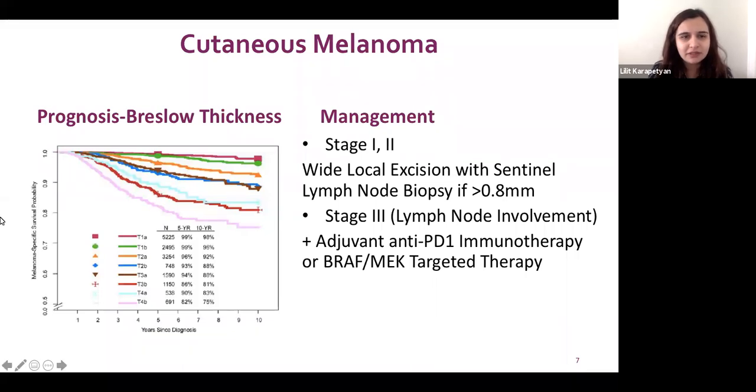If you look at this curve, you will see that what is very important is the thickness, the depth of a melanoma, because depending on how deep your melanoma is, you will see that survival really goes down. It's about the depth of the melanoma. Just remember that the thicker the melanoma is, the higher the likelihood that it will go to the lymph node.